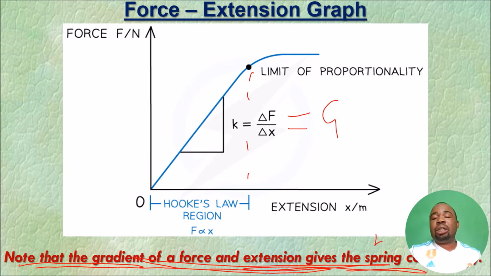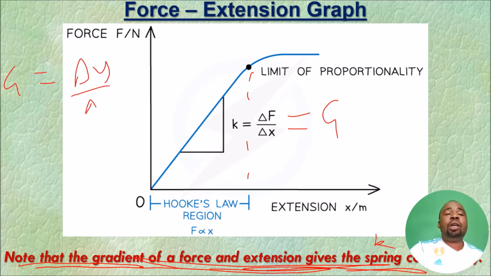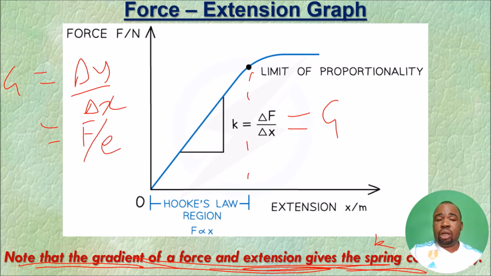The gradient is equal to K. We can justify this using analysis of units, since we did the dimensional analysis of units. The gradient is written as a change in y divided by a change in x. What do we have on the x-axis? We have a force. Sorry, on the y-axis we have a force. What about on the x? We have extension.